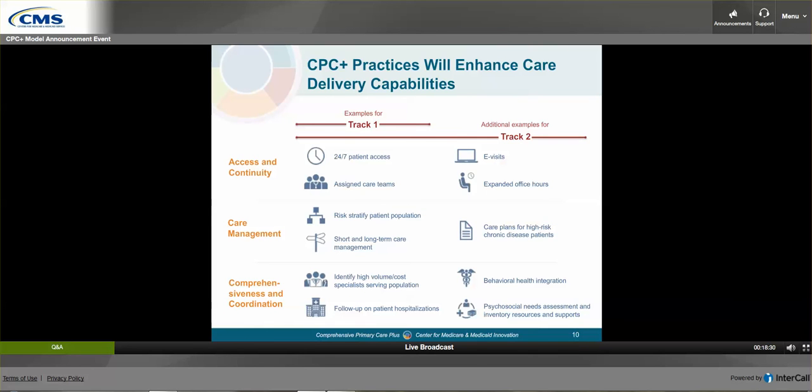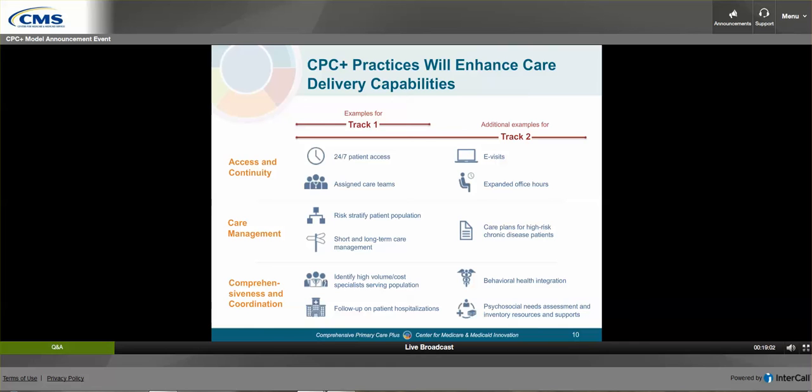I'm now going to take a moment to go into a bit more detail about what the work in these 5 functions will look like. The CPC Plus care delivery requirements are intended to provide a framework for practices to deepen their capabilities throughout the 5-year model. These incremental requirements are used to guide practices through the comprehensive primary care functions, and they're markers for regular, measurable progress towards the CPC Plus model aims.